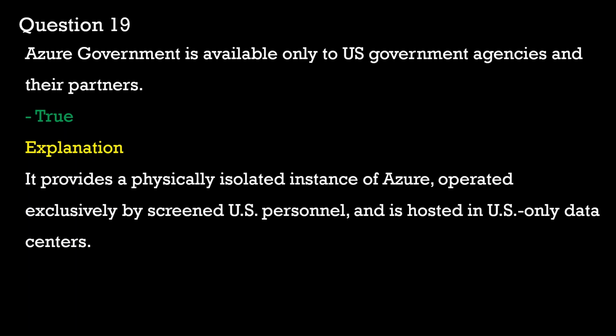So, like we explained in an earlier question, Azure Government is a specialized cloud platform offered by Microsoft and designed to meet the unique security, compliance, and regulatory requirements of US government entities and their partners. It provides a physically isolated instance of Azure, and it is operated exclusively by screened US personnel. It is also hosted in US-only data centers.